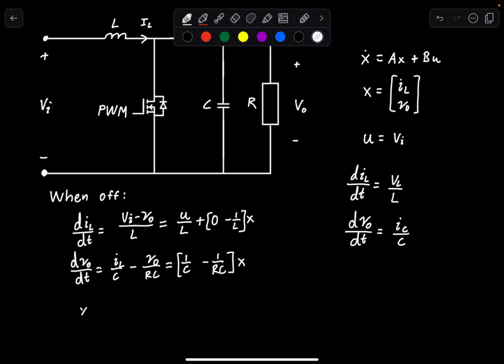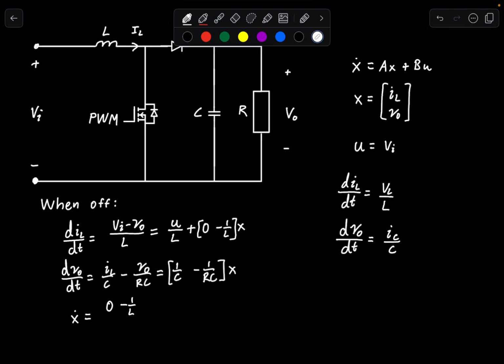We have that X dot is equal to, so we first consider this equation. We just swap places with this one and this one. So we have 0 and then minus 1 over L. And this is the first matrix, so we multiply by X. And then we have plus 1 over L, multiplied by U. Then we consider this equation.